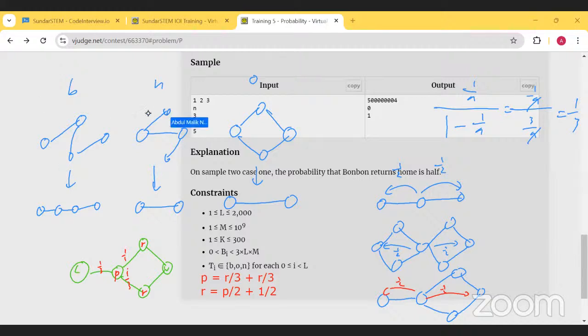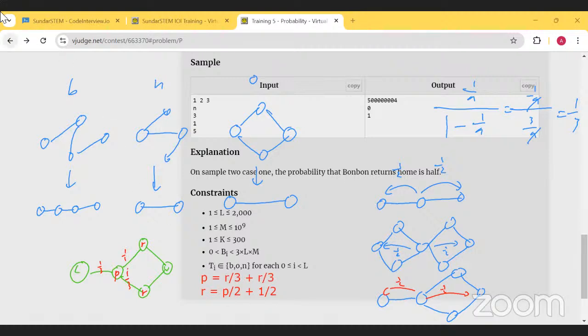Because from B, with the probability of 1 divided by 3, we will lose, so just multiply by 0. And with the probability of 1 over 3 also, the probability to win is R, so R divided by 3, then plus R divided by 3. How about R? With the probability of half it goes to P, and with the probability of half, we win, so multiply by 1.